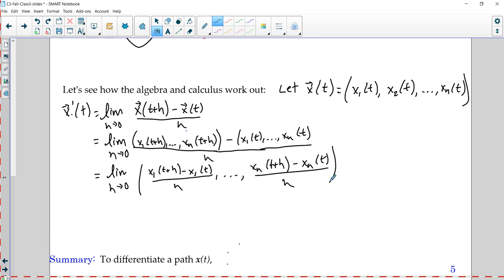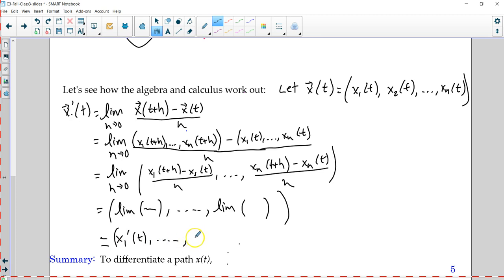All right, and then I can actually move the limit inside, so I have the limit of the first component, I'm not going to write this out, etc., and then the limit of the nth component, which boils down to just saying the derivative of the first component, all the way through, in the nth position, the derivative of the nth component.